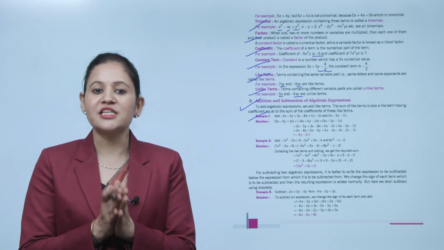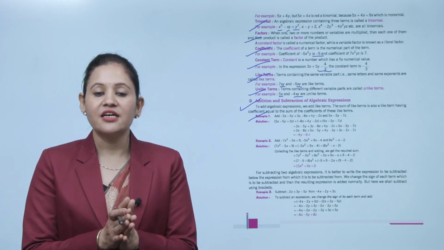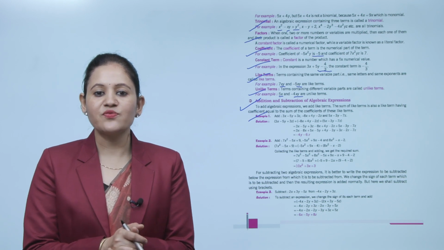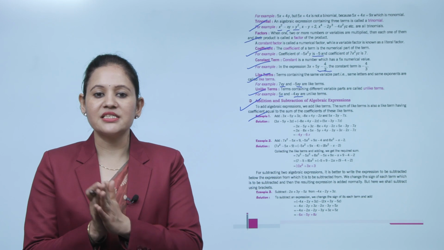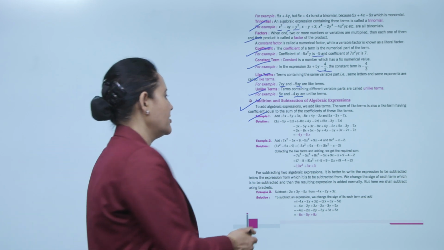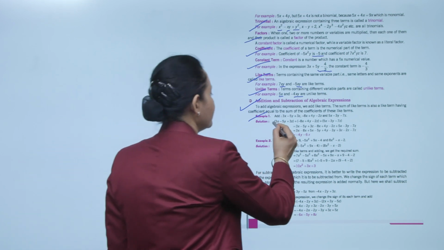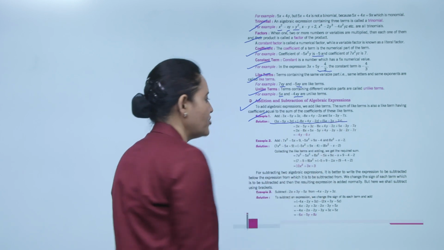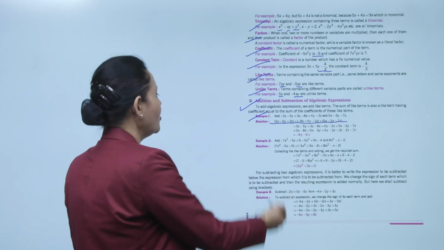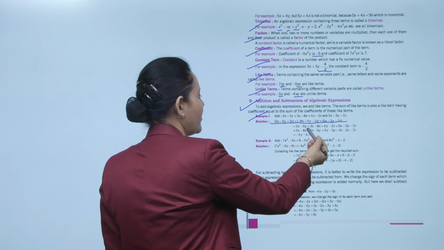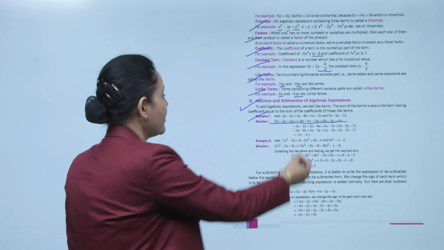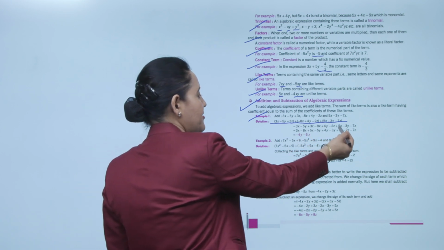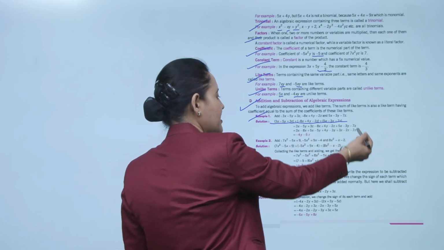Add 3x minus 5y plus 3z, minus 8x plus 4y minus 2z, and 5x minus 3y minus 7z. So, three expressions, we have to add them. So, 3x minus 5y plus 3z minus 8x plus 4y minus 2z plus 5x minus 3y minus 7z.